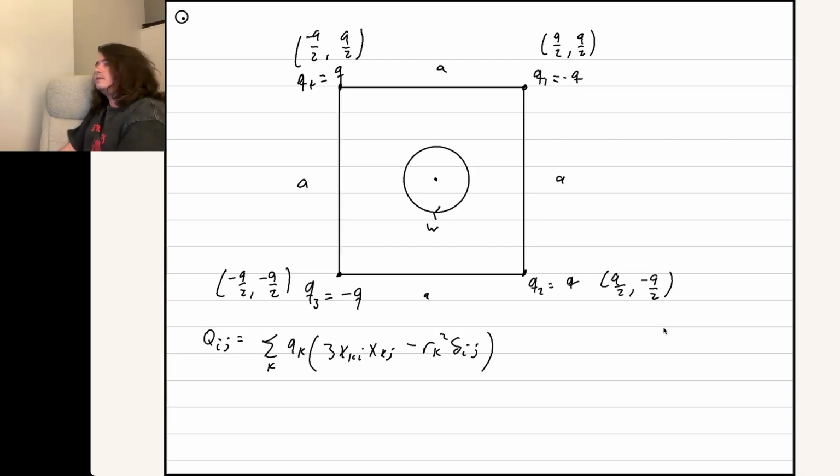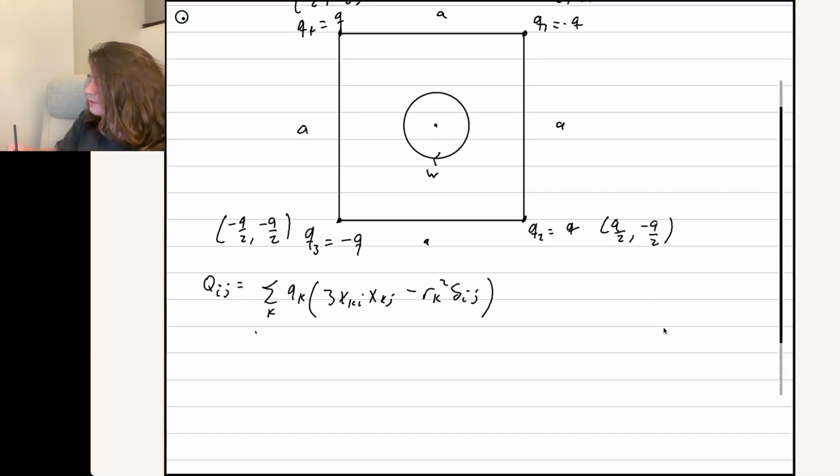So first of all, since the square is rotating, we have to get time-dependent forms for where all of these charges actually are.